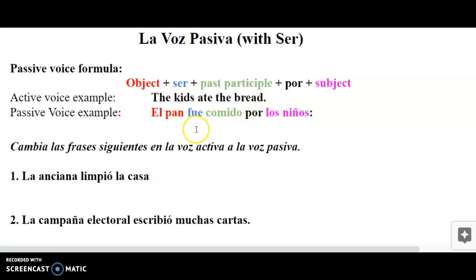So, what we're saying here is the bread was eaten by the kids. So, that's basically this sentence here in English. Okay, so this is the passive voice.